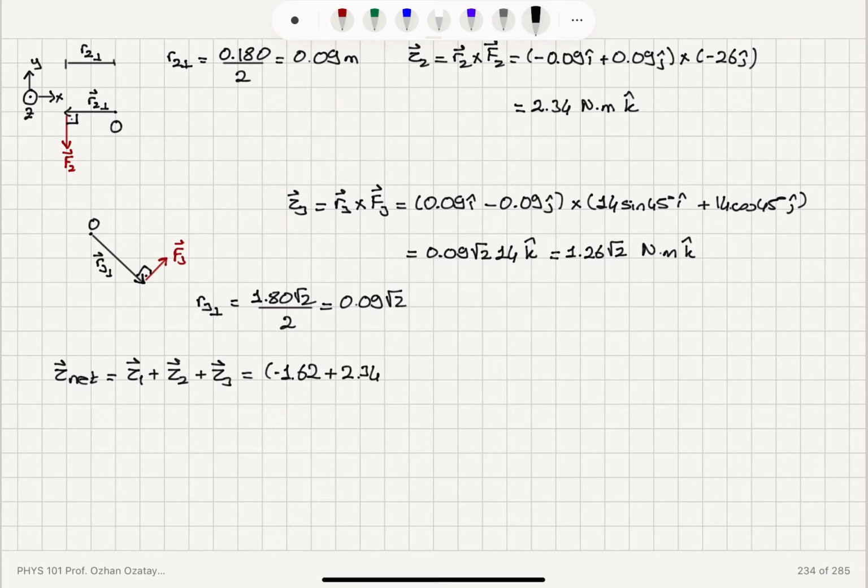And the third force 1.26 square root 2 in k hat direction. So this gives us 2.50 Newton meters in k hat direction. So the net torque is basically pointing out of the page.